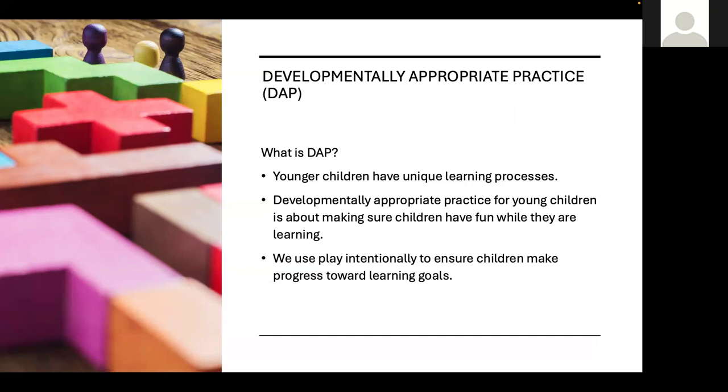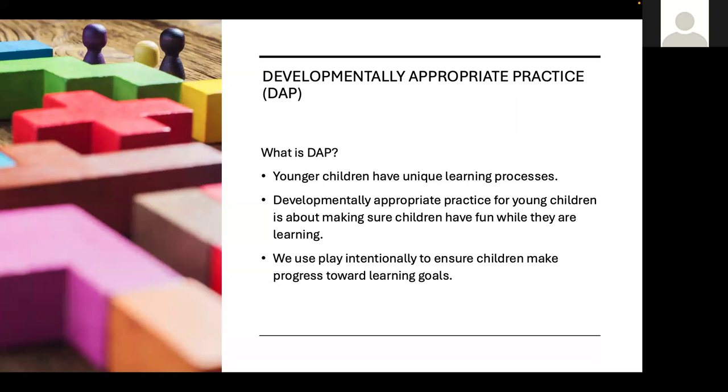And secondly, we want to think about the fact that developmentally appropriate practice for young children should really be about making sure they're having fun while they're learning. They will tend to remember and take in that learning so much better if they're enjoying themselves while they're doing it. And of course, it's fun for us, as those who work with young children, to keep the learning fun.